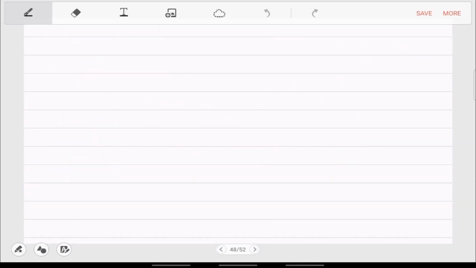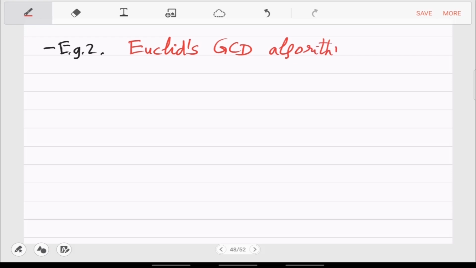That is the GCD algorithm. So Euclid's GCD. Euclid's GCD algorithm is perhaps the oldest algorithm known to us.